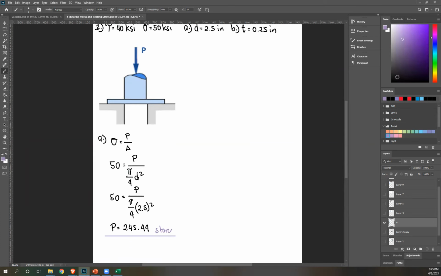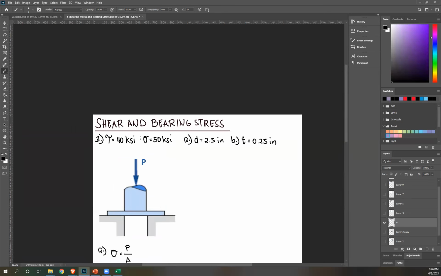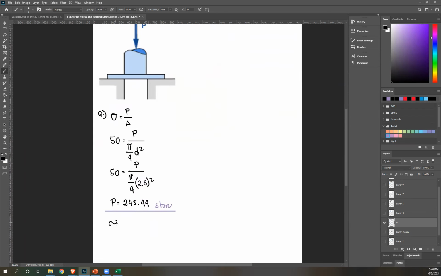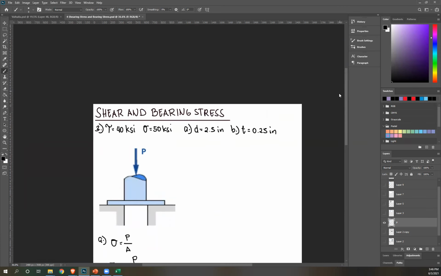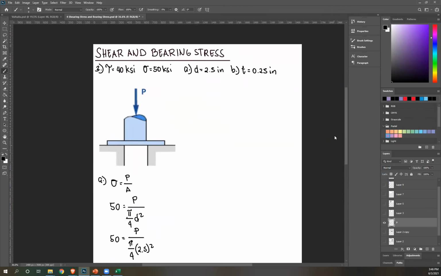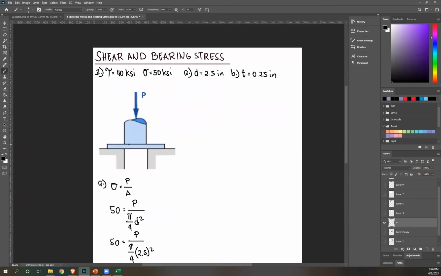Now that I have P, I can now use my shear stress. Now we're moving on to the hole. So shear stress equals V over A. That shear stress is equal to 40, equals V over A. And that V, as mentioned earlier, whatever this P is, is also the same as the shear force being experienced by the hole.